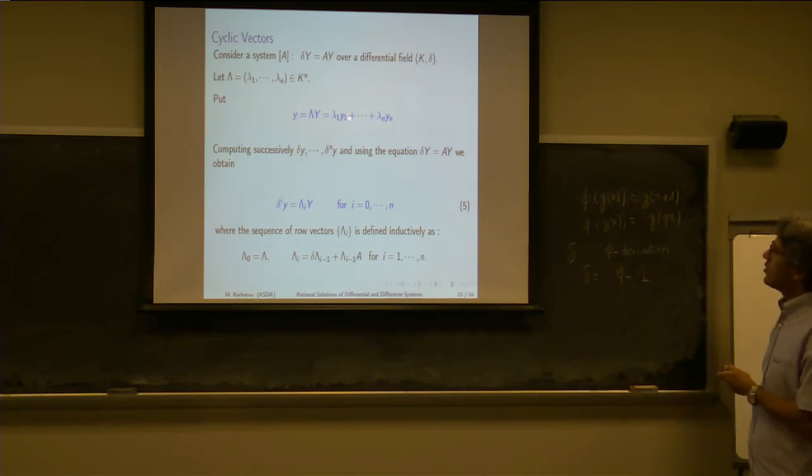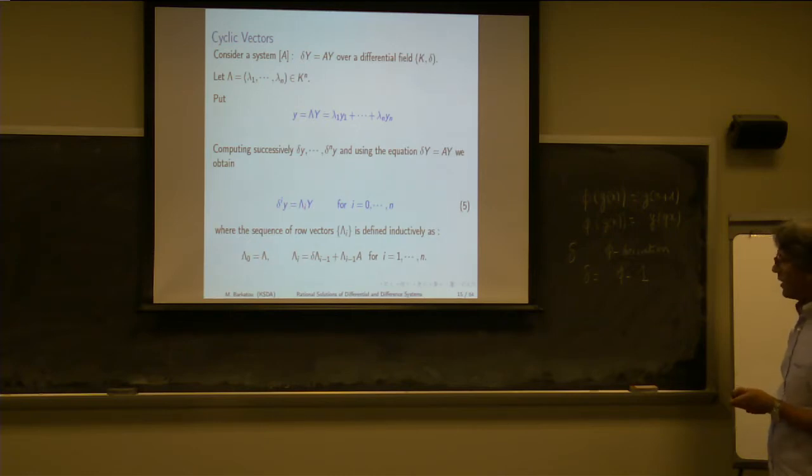You write this linear combination as the inner product lambda times y, and you differentiate successively from 1 to n. Then you get the relations: delta of y equal lambda 1 y, and so on. Delta to the i of y equals this vector lambda i, and they are defined by these relations.